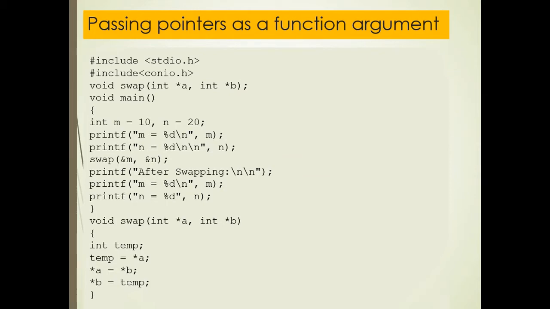You can enter the values from the keyboard also with the help of the scanf function. Normally I have assigned the values here to the two variables m and n. You can take any value, and I have just printed the values of m and n, just to differentiate when you print after swapping the values.